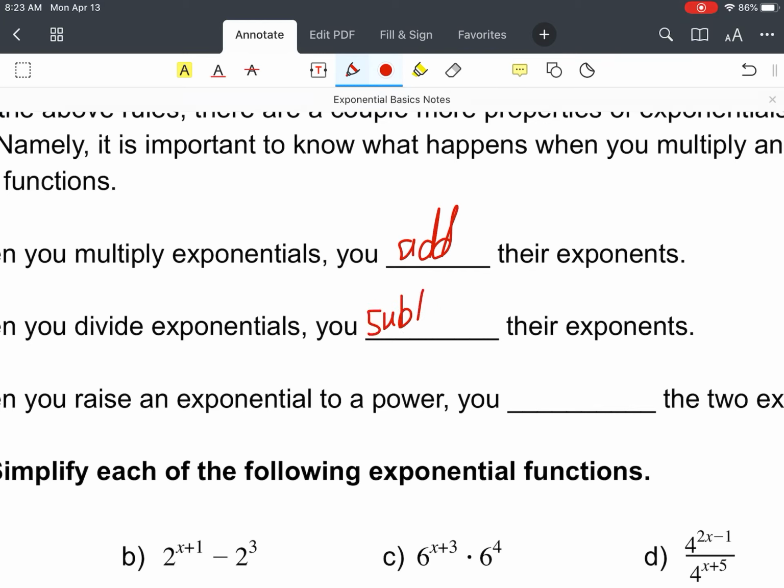If I divide two exponentials with the same base, I am going to subtract their exponents. And if I'm going to raise a power to a power, I'm going to multiply those two exponents.